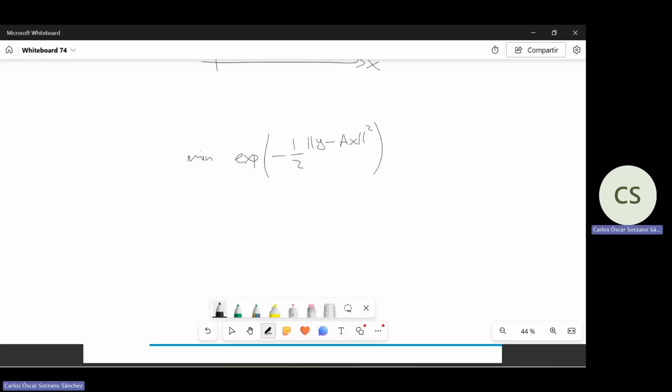I want to minimize that. And this is related to the multivariate Gaussian, right? So I want to minimize that with respect to x. This is a vector, this is a vector, this is a vector. Okay, with the exponential, maximize that. And this is related to maximum likelihood.